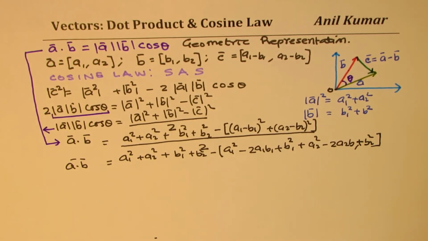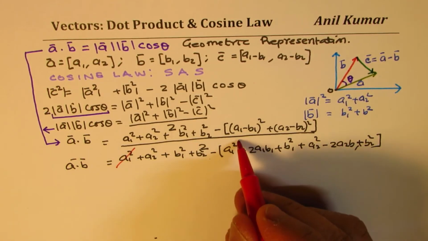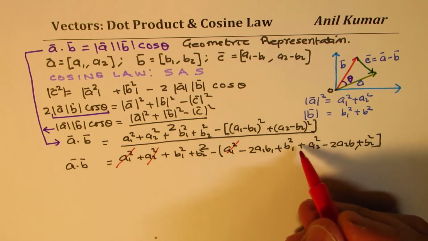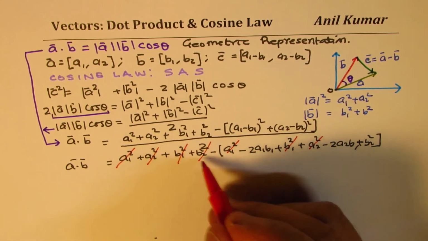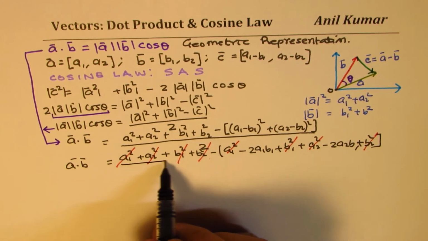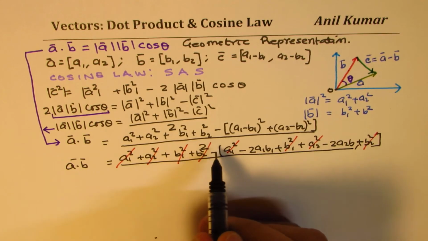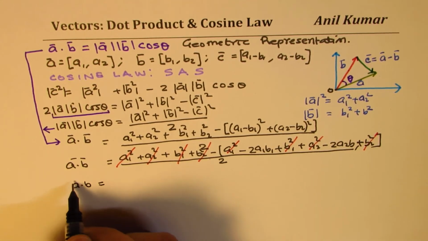So that's what we get, right? Now, in this you can see that A1 square cancels with A1 square, A2 square cancels with A2 square, B1 square cancels with B1 square, B2 square cancels with B2 square. What are you left with? Well, all this was divided by 2, right?